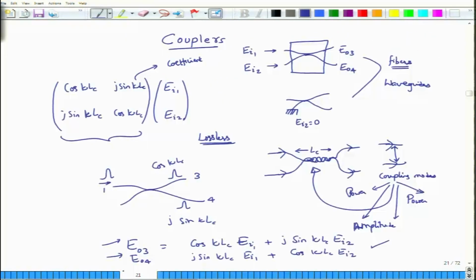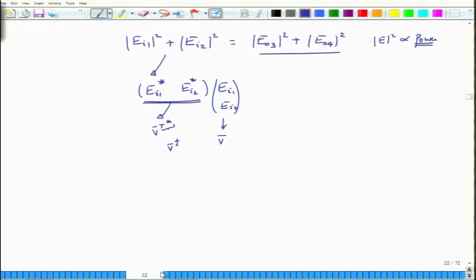We will go back to this coupler equation and call this matrix the S matrix. This is the coupling matrix. I could have used C, but I am using S. In terms of that S matrix, the output vector, that is the electric field vectors at ports 3 and 4, can be written as the matrix S times the input vector EI1, EI2.